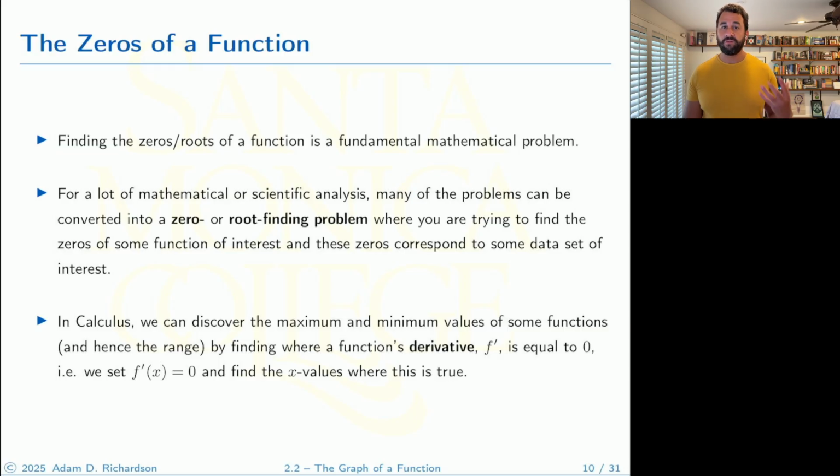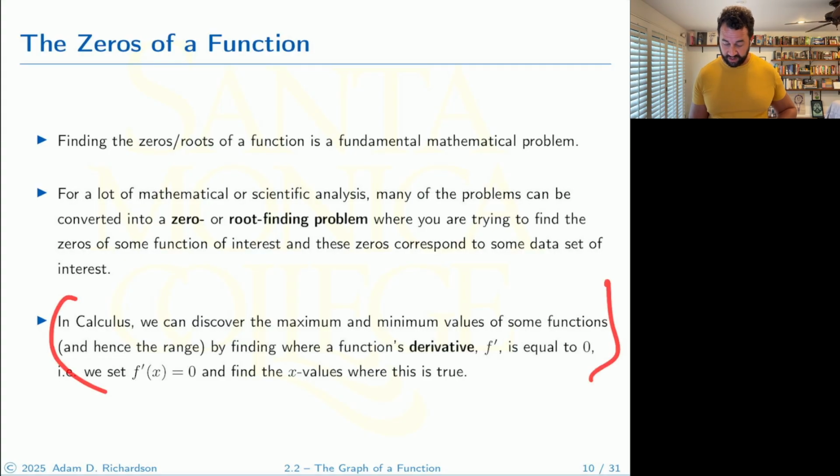And if you can convert your problem into that, we have a ton of methods to help you at that point. So what we do is we construct a function of interest, and we want to find the zeros of that function because the zeros correspond to some data set of interest. You're going to see this explicitly in this class, but really explicitly when you get to Calc 1.